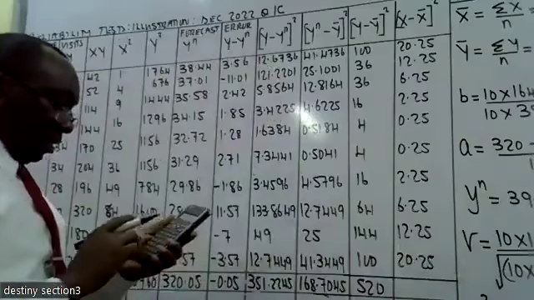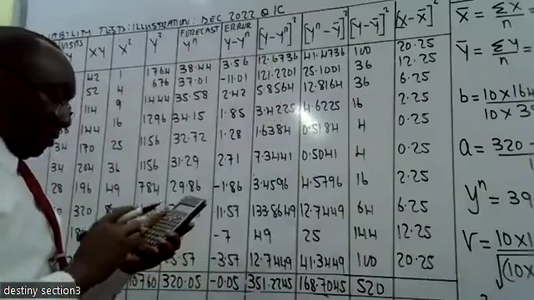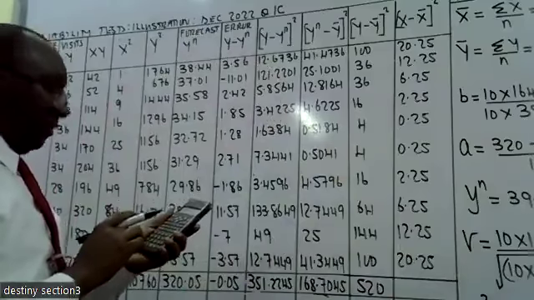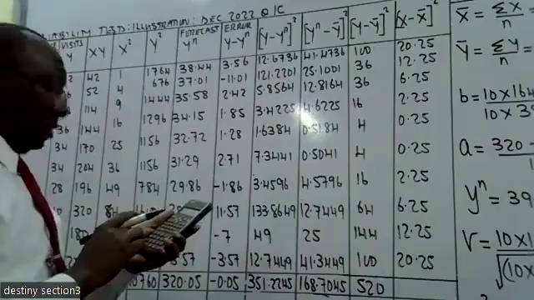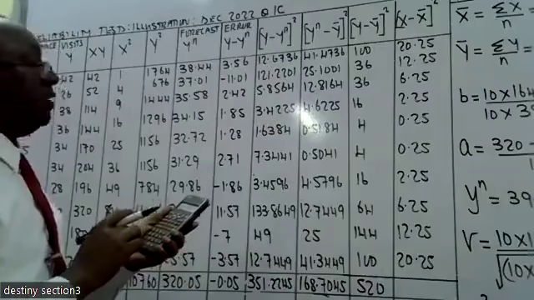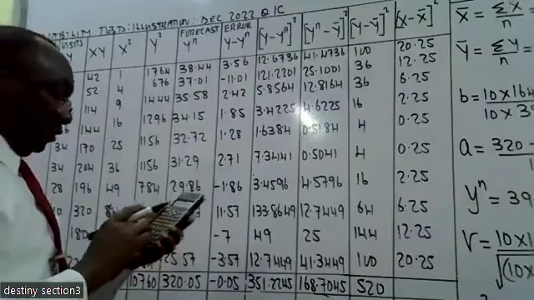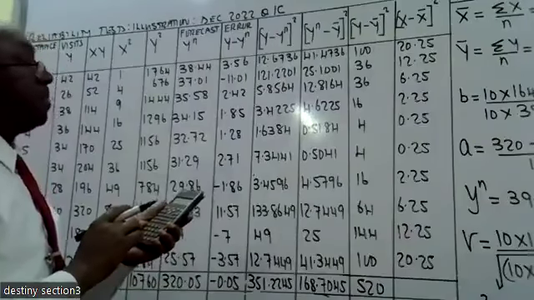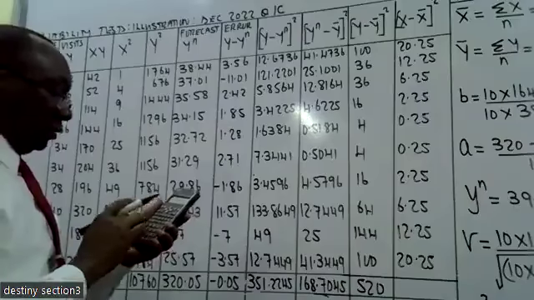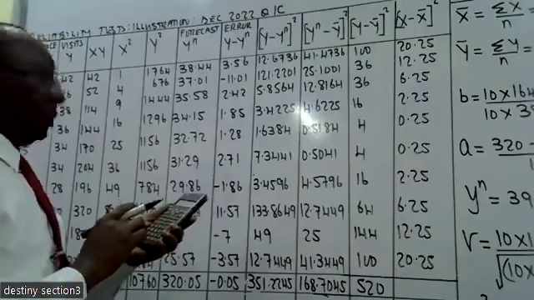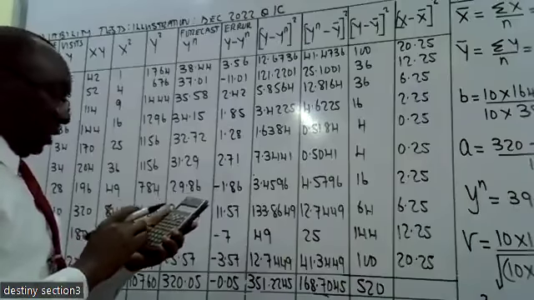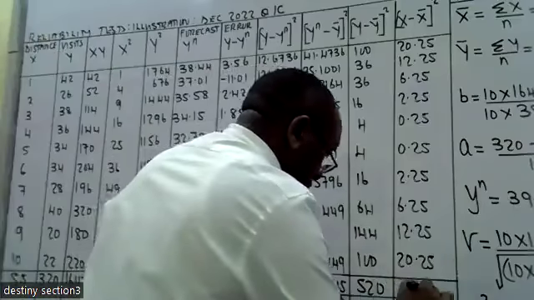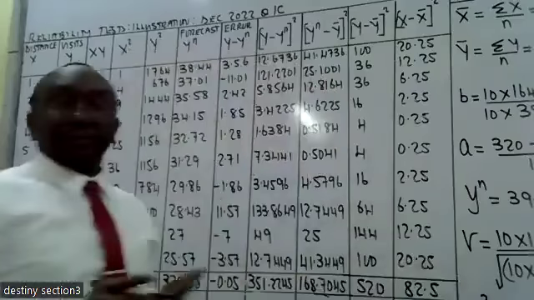So 20.25 plus 12.25 plus 6.25 plus 2.25 plus 0.25 plus 0.25 plus 2.25 plus 6.25 plus 12.25 plus 20.25 is 82.5.